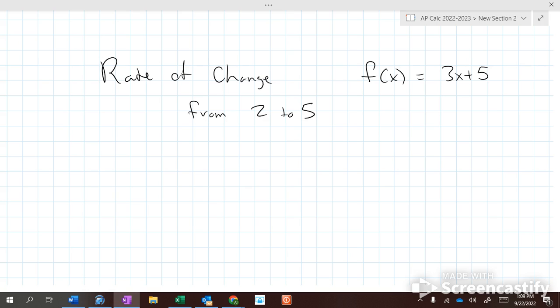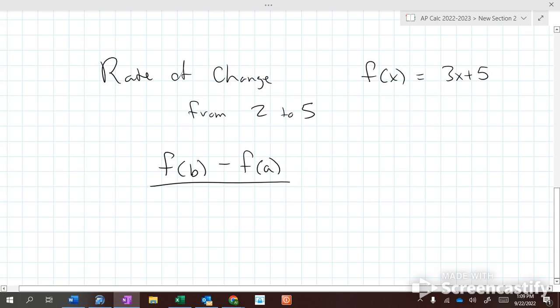To find a rate of change, you take f of b minus f of a over b minus a, where this is a and this is b.